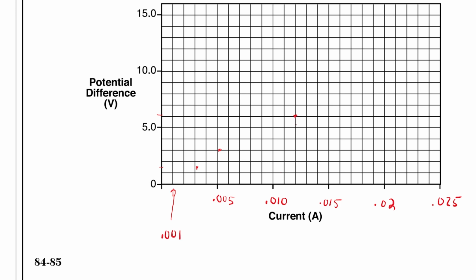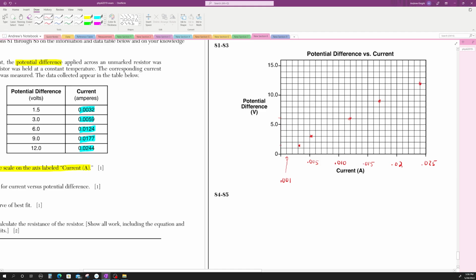And now at 9 volts, we're at 0.017, so that's going to be right here. Next up, 0.024: 0.02, 0.021, 22, 23, 24. So it's going to be right here, the second to last line, and I'm going to go up to 12 volts, about right in that area. There we go.